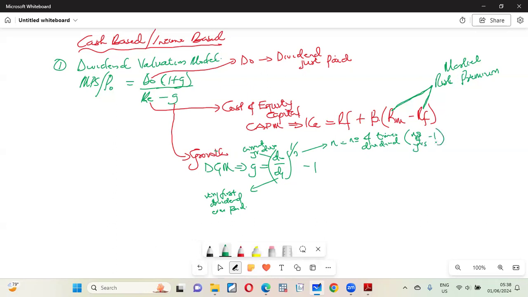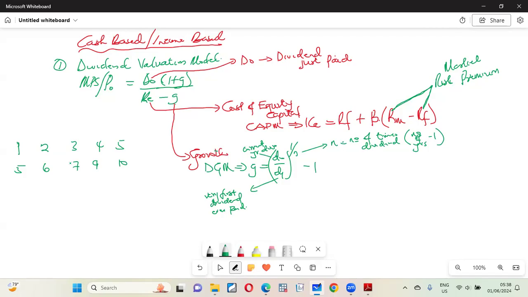Or you can just say the number of times the dividend grows. Let me give you an example. We have year 1, year 2, year 3, year 4, year 5. Then I have dividends of 5 cedis, 6 cedis, 7 cedis, 9 cedis, and 10 cedis.